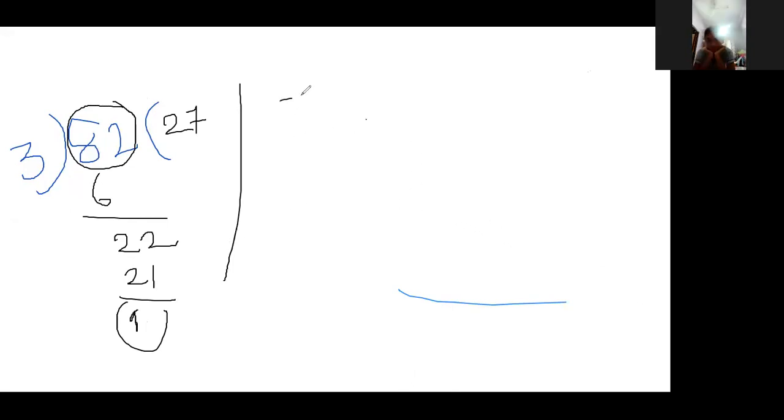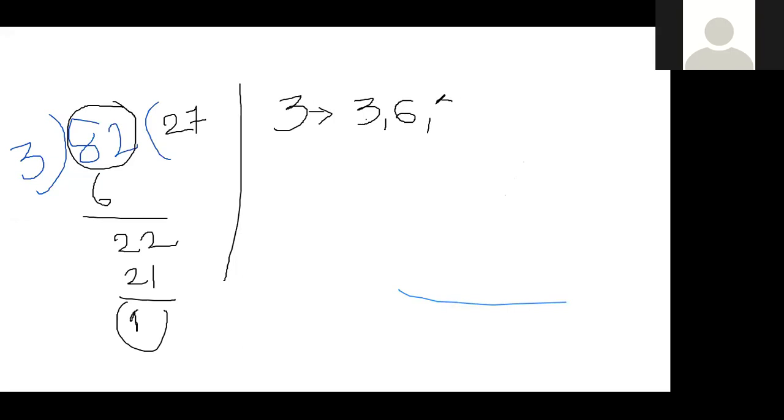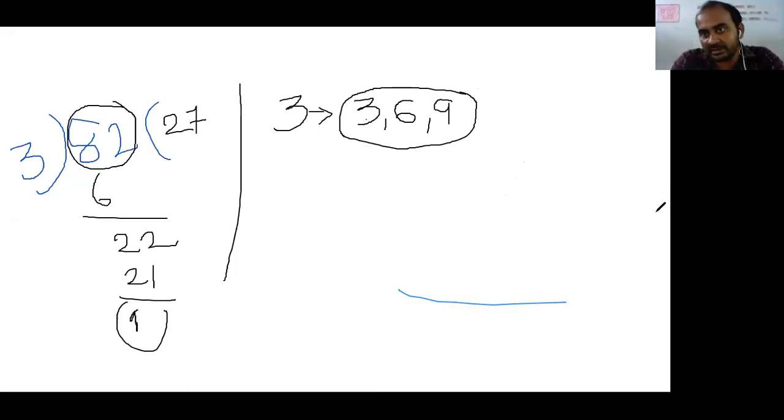First of all you have to know the 3 table, I hope everybody knows that. 3 ones are 3, 3 twos are 6, 3 threes are 9. Just remember these 3 digits, 3, 6, 9. These 3 digits are divisible in 3 table, yes.